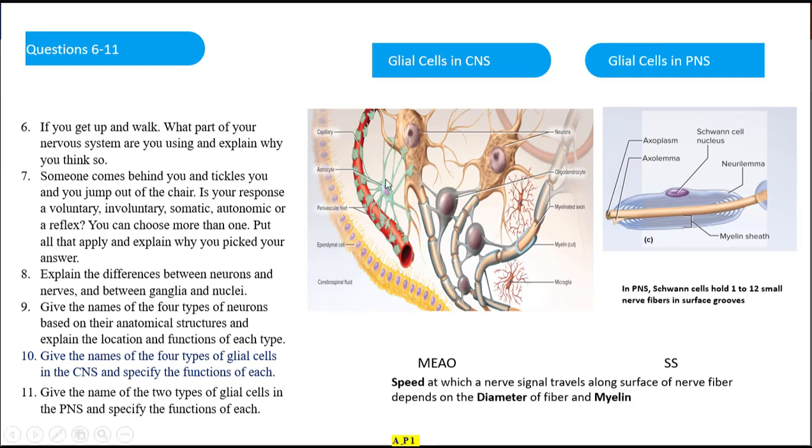Astrocyte, here you can see them, their job is to protect the neuron, guide the neuron, nourish the neuron, cover the neuron, in some way give the neuron its shape, its structure, its ability to do its function. And then oligodendrocyte, you can see them here. They cover the neuron.